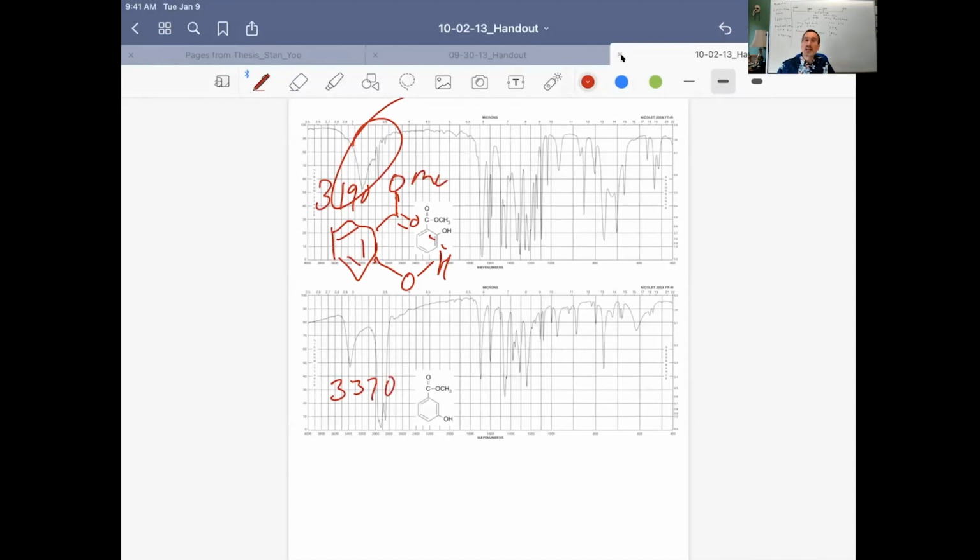The other thing, and I think I'll hint at this in the homeworks, and Appendix C of your IR chapter in your textbook gives a nice treatment of this. You can actually distinguish among alkene substitution patterns based on some of this CH bending patterns that you see in this same region.